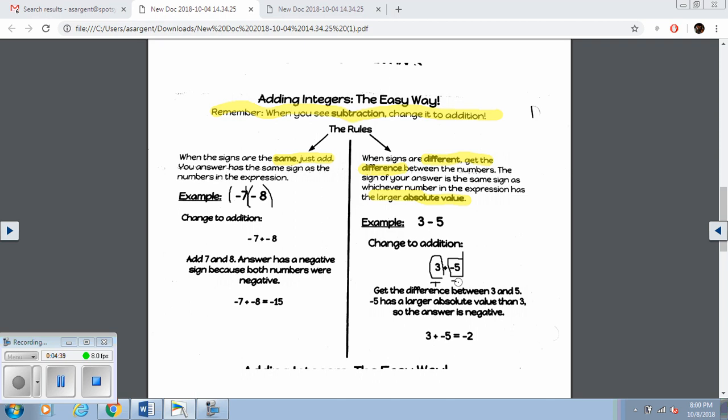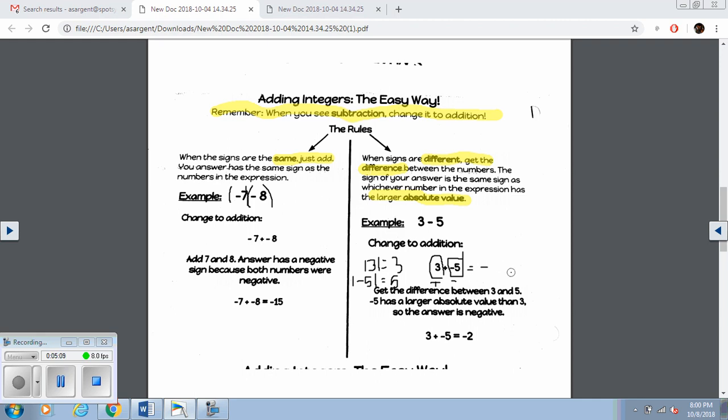So I'm going to find the absolute value of 3. Remember, the bars mean absolute value, and the absolute value of 3 is 3. And then I'm going to find the absolute value of -5, which is positive 5. So my answer should be negative because 5 is greater than 3.